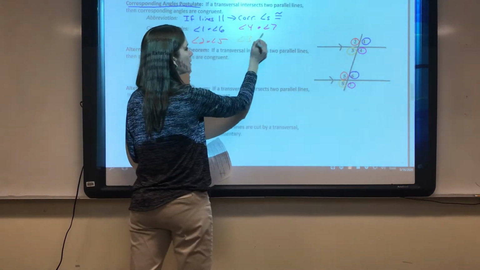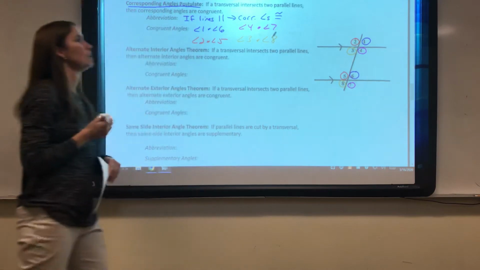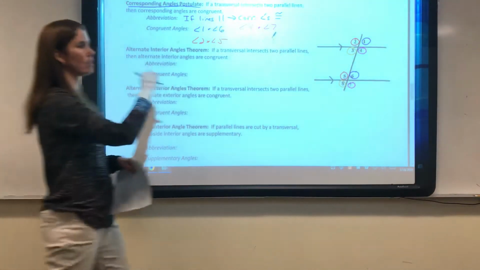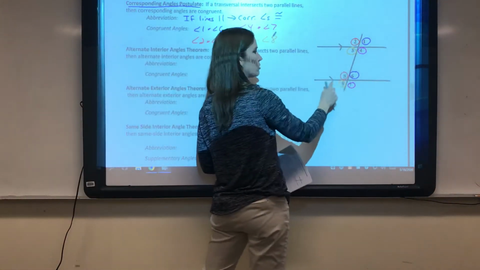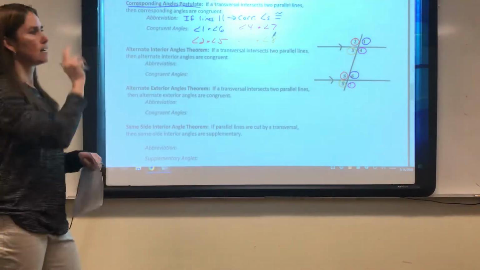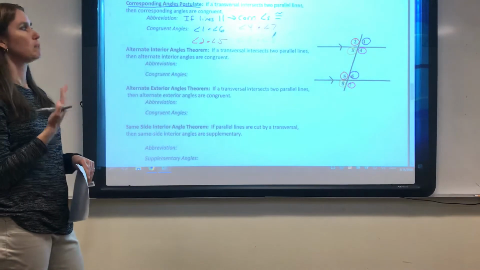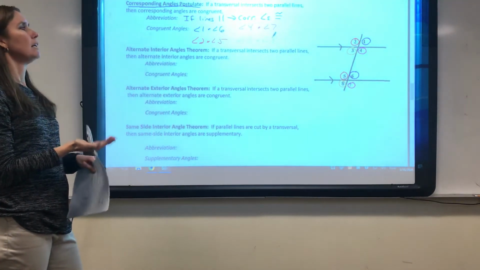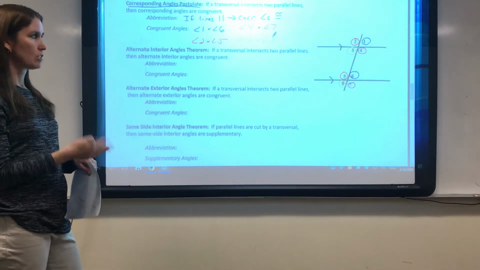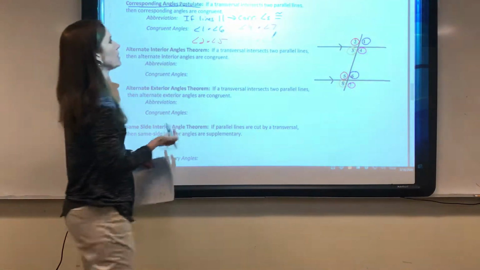Because these little arrows tell me the lines are parallel, each of those 4 pairs must be congruent because they're corresponding angles.